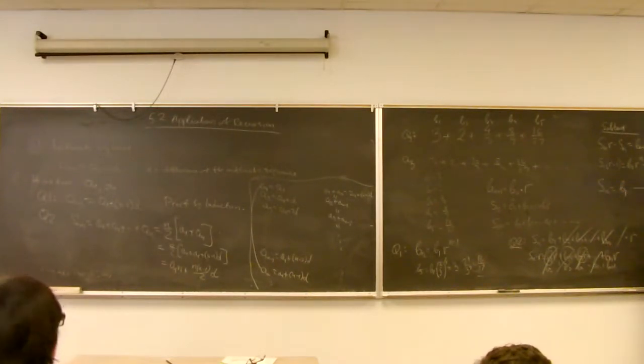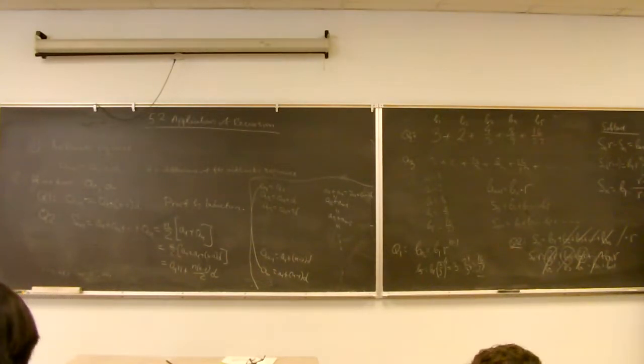It's B1 times r to the n minus 1 over r minus 1. This is the summation formula because I factor out B1, r to the n minus 1 on top, r minus 1 divided. So that's the summation formula for n members of a geometric series.